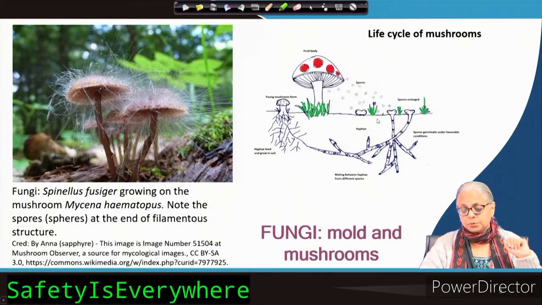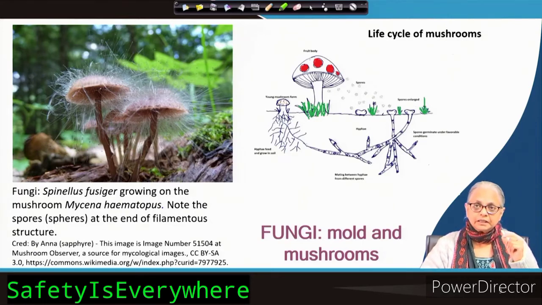So these spores, when they fall on favorable surfaces, are generally attached to solid surfaces, which we call substrata or substratum. So these spores will first enlarge. They will absorb nutrients from the environment that they are in. They will start growing bigger and bigger.